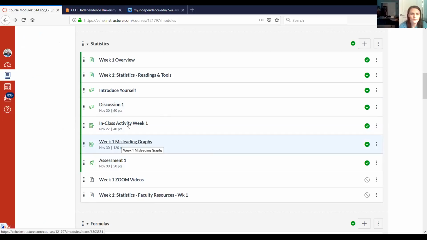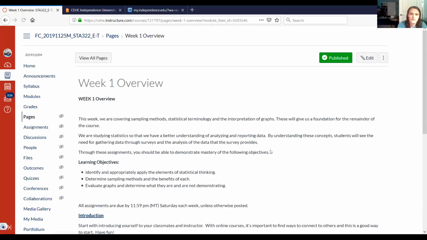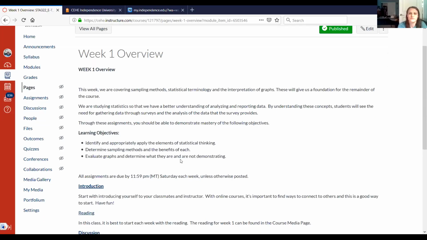Our real topic here at the beginning, let's look at the overview. The learning objectives for this week are to think about statistical thinking, talk about sampling methods, and then look at misleading presentations in graphs.